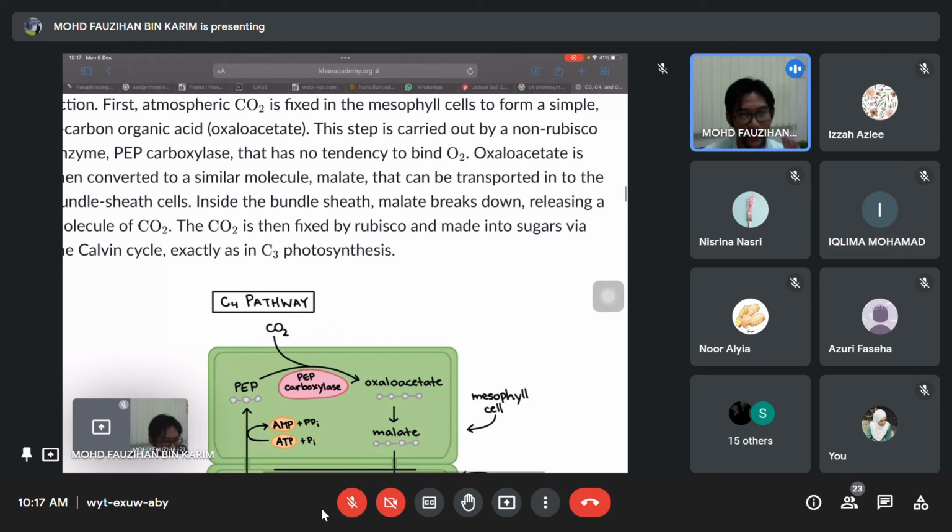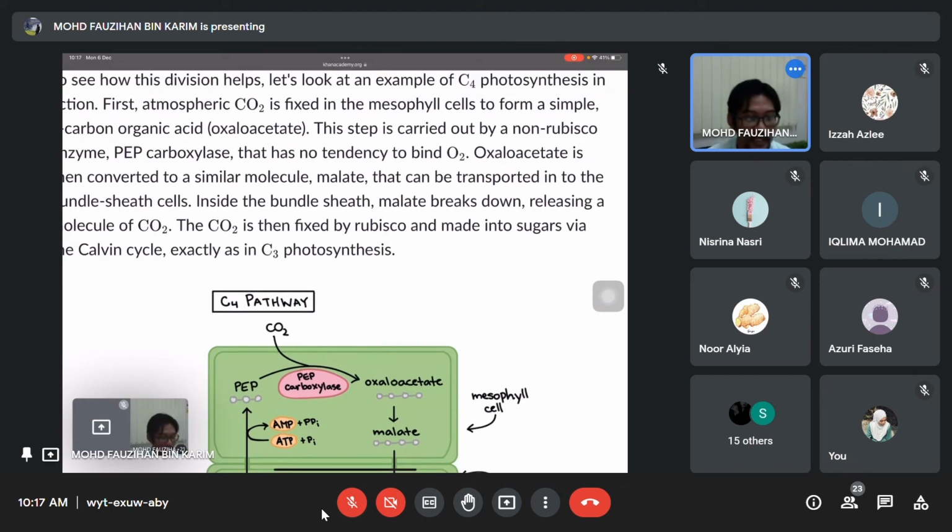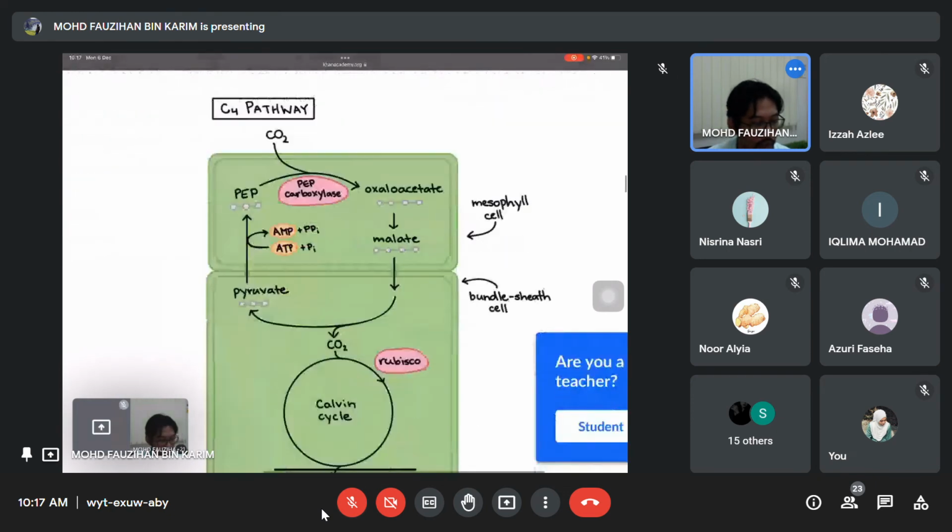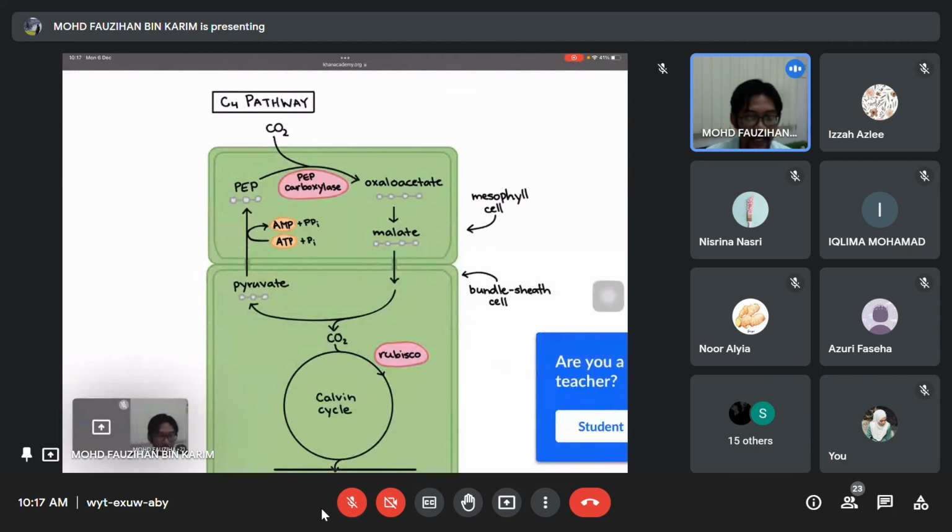But there is a setback of the C4 plants, right? In the C4 pathway, the PEP carboxylase needs a threshold temperature to be activated. I think you probably have learned in biochemistry class that enzyme is temperature dependent. Either minimum temperature, optimum temperature, or maximum temperature for the enzyme to be working properly, or start working, right?